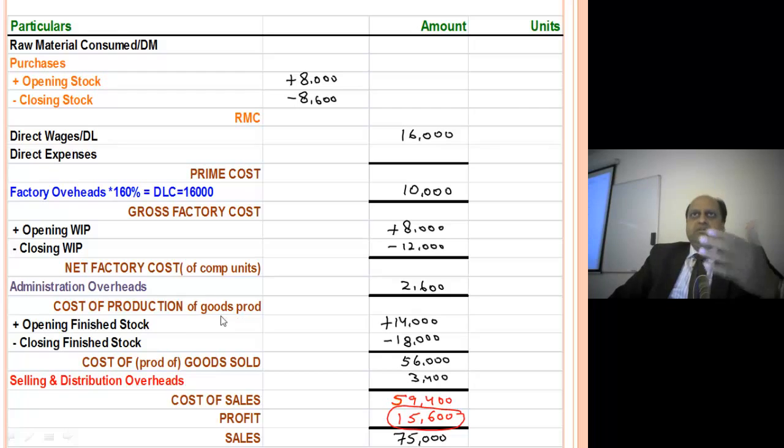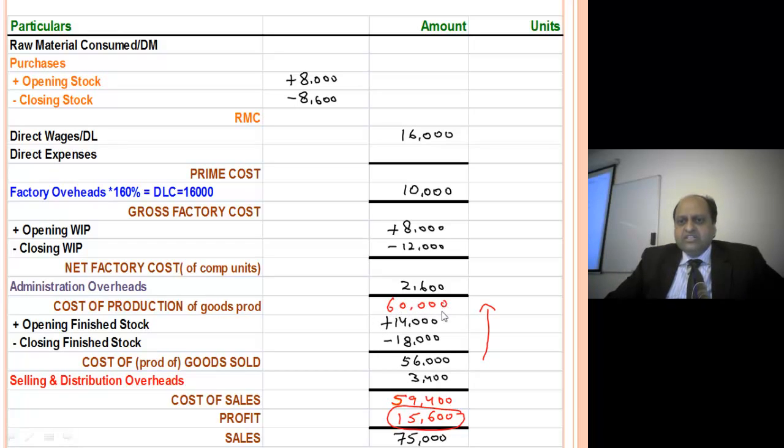The minus figures are added and the plus figures are subtracted. So I am moving in the upward direction like this. Now I am moving from here to here. So what I will do, to 56,000 I will add 18,000 and deduct 14,000. So I will land up at the figure which is 60,000.